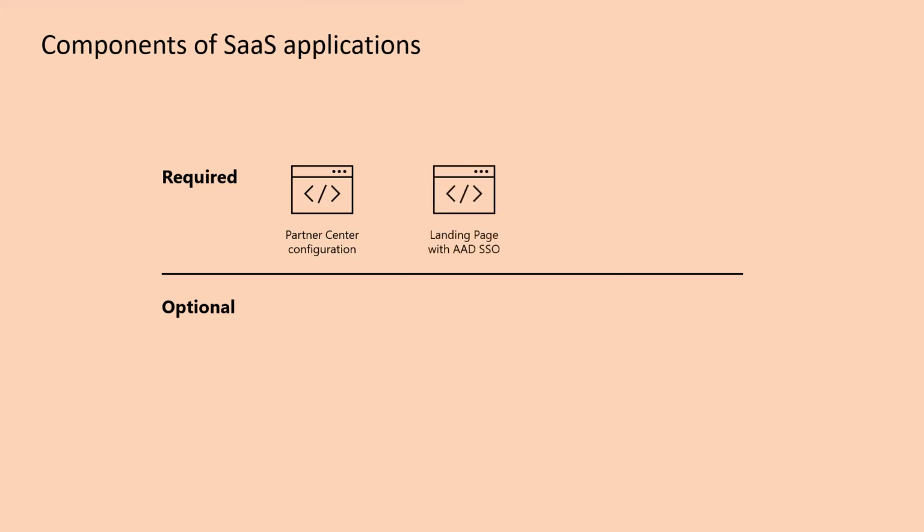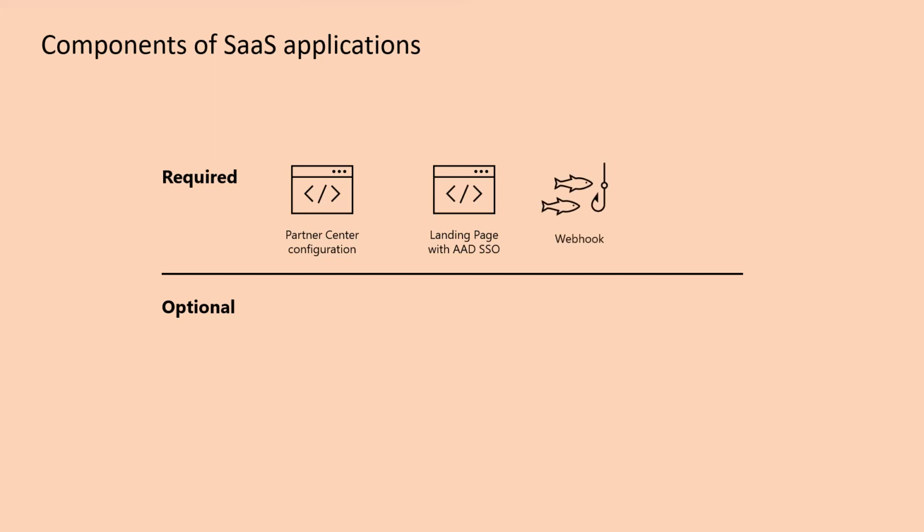Also, we need a landing page, and that is a page where your customers, your subscribers, will go to configure their subscription with you as an ISV. This page must have Azure Active Directory single sign-on. However, it does not need to live on Azure. This can live anywhere on the internet.